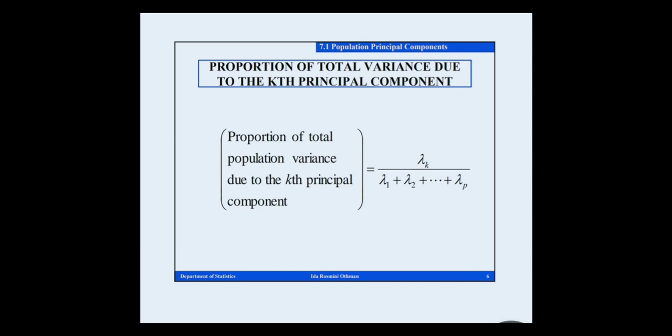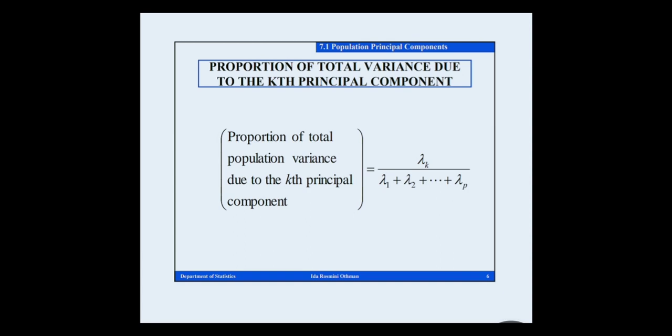Okay, so kalau you tengok dekat page 433, it's saying that if most, which is 80 to 90% of the total population variance, for large P can be attributed to the first 1, 2 or 3 components, then these components can replace the original P variables without much loss of information.